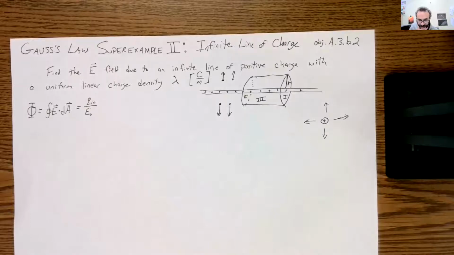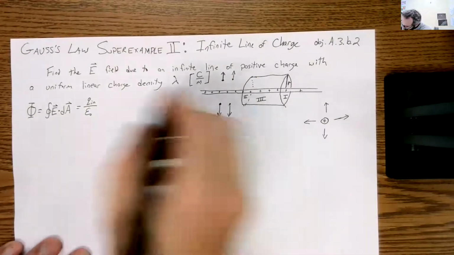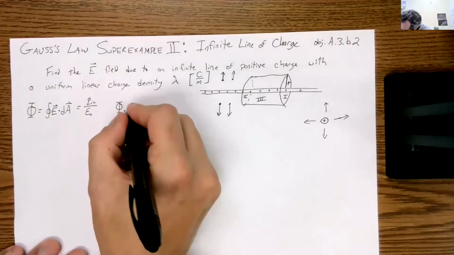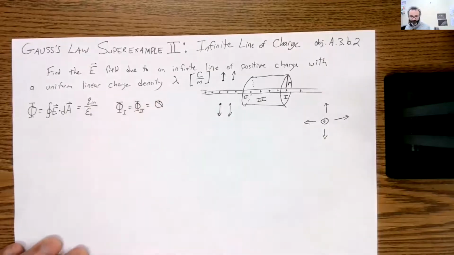Which of these, if any, can we say right away is going to be 0 flux? I got in the chat Ali saying that the caps are going to be 0. Anybody disagree with that? I would agree that the flux through surface 1 and surface 2 are both going to be 0.